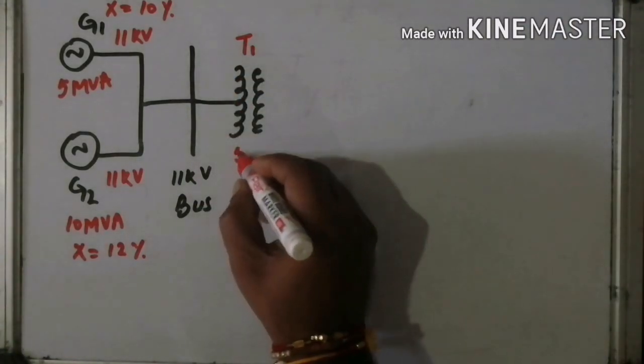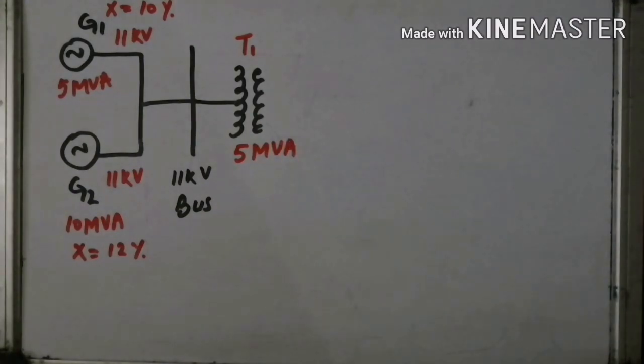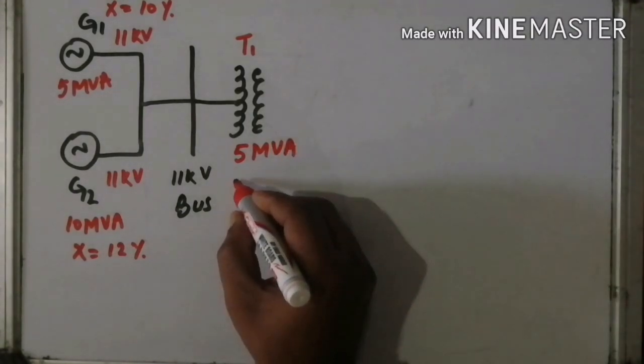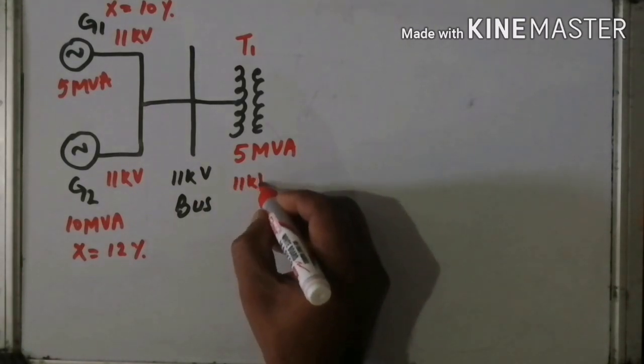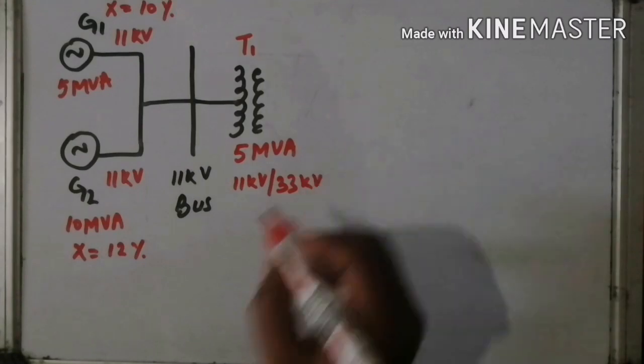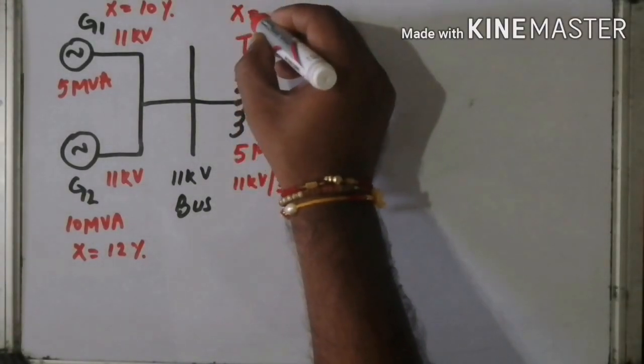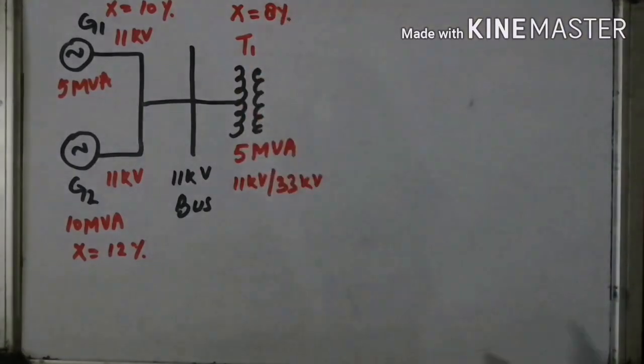Its rating is 5 MVA and voltage ratio is 11 kV to 33 kV, and the value of the reactance is only 8%.